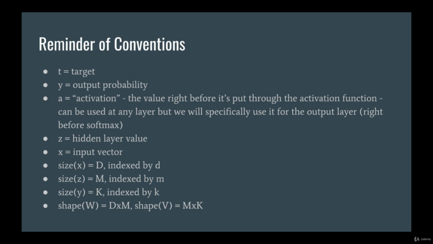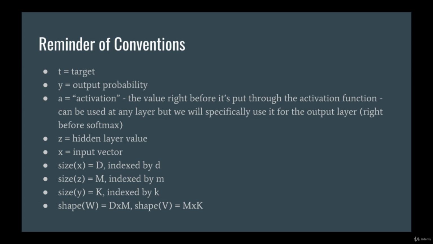Before we get into the details, let's just remind ourselves of the lettering conventions. T is the target. Y is the output prediction, which is a probability. A represents the activation, the value right before we put it through the activation function. We usually use A for the activation at any layer, but for this lecture we will specifically be referring to the final layer.